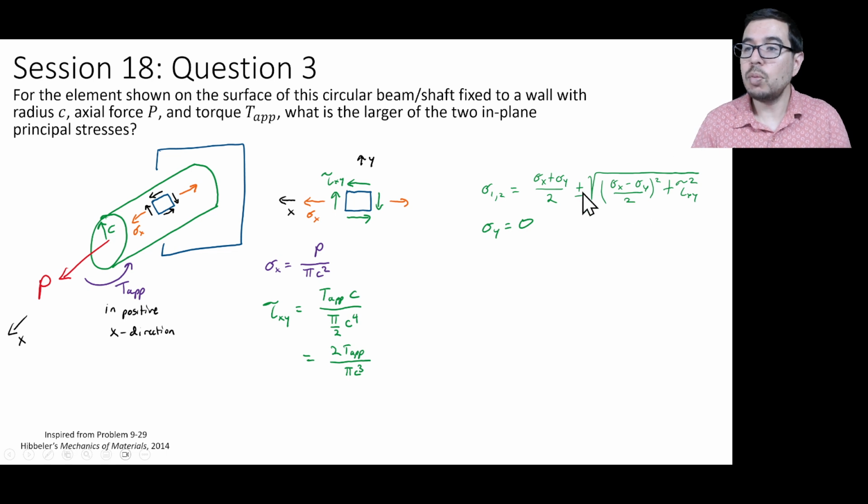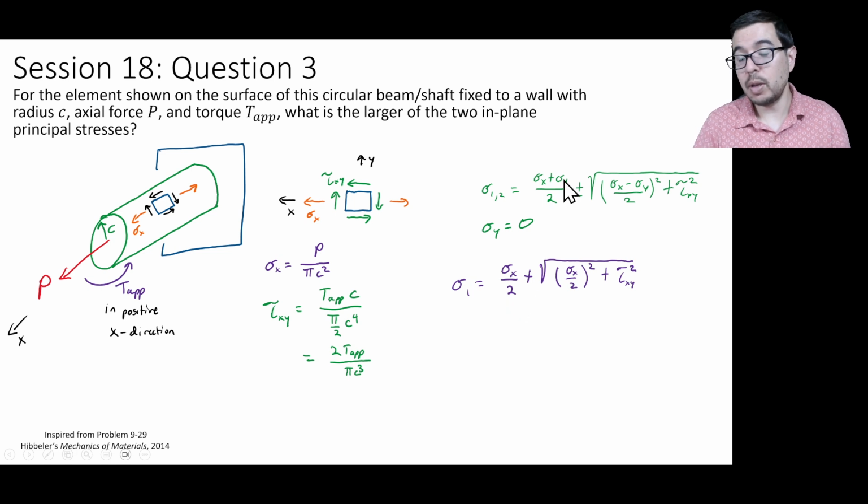And so it's going to be this average plus this. So the maximum in-plane principal stress is just going to be sigma x over 2, where sigma y is equal to 0, plus this quantity here. I hope you find this example helpful. Thank you.